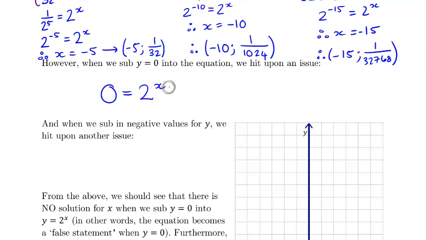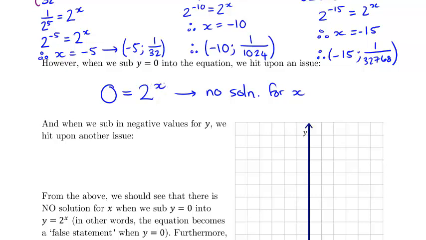There is no solution for this equation, and that's because this equation is what is known as a false statement. No solution. There's no solution at all for x, okay? And it's because this is a false statement. It is not possible to get this.